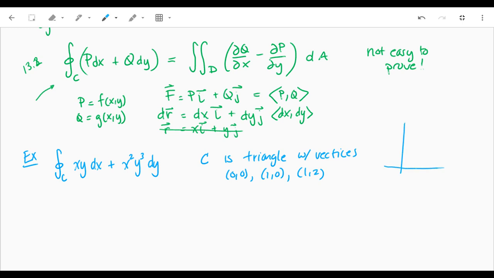So I'm actually going to draw that over here: (0,0), (1,0), and (1,2).